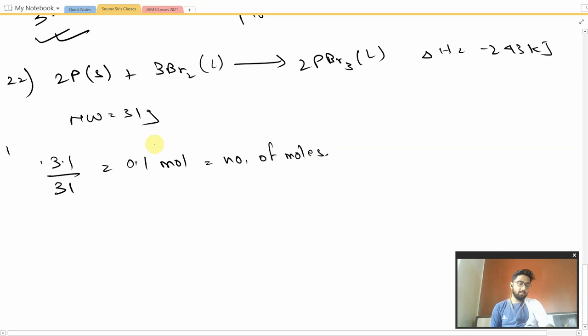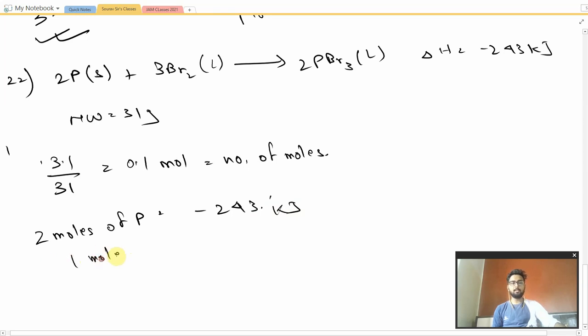This delta H value is for 2 moles of phosphorus. So 2 moles of phosphorus would give minus 243 kilojoule, therefore 1 mole of phosphorus would give minus 243 divided by 2 kilojoule.